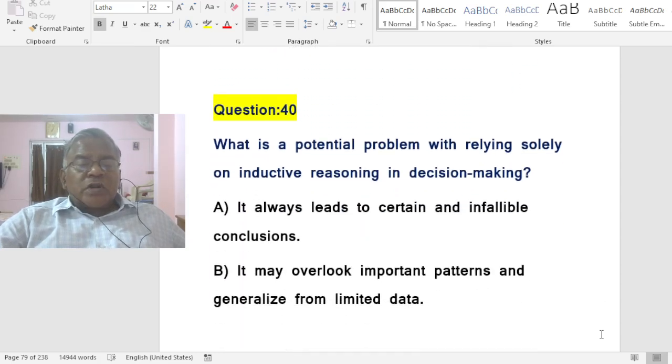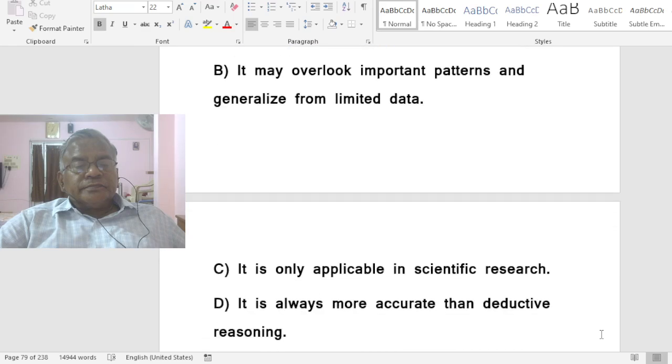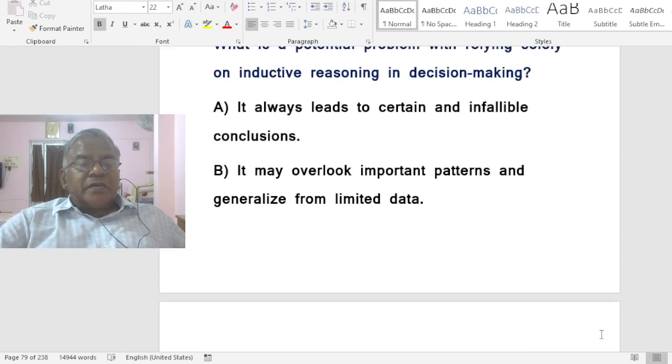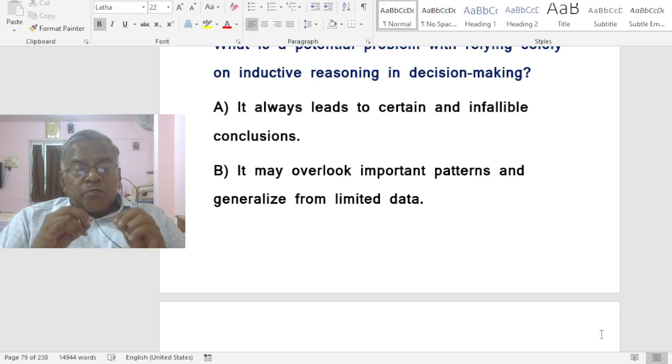Now, what is the potential problem with relying solely on inductive reasoning in decision making? That is, B is the right answer. Inductive reasoning may overlook important patterns and generalize from limited data.